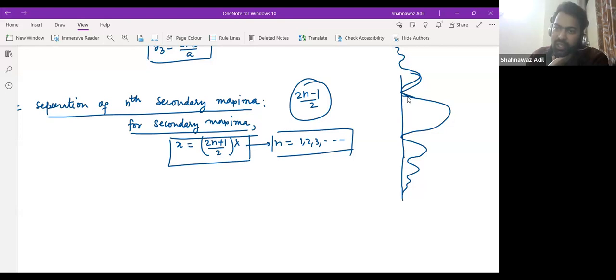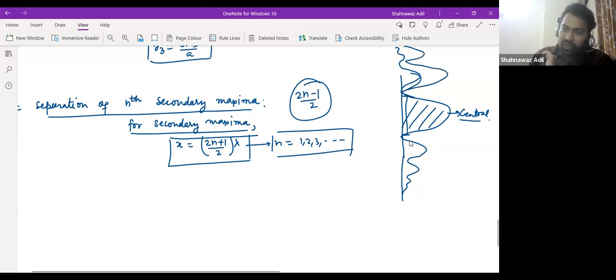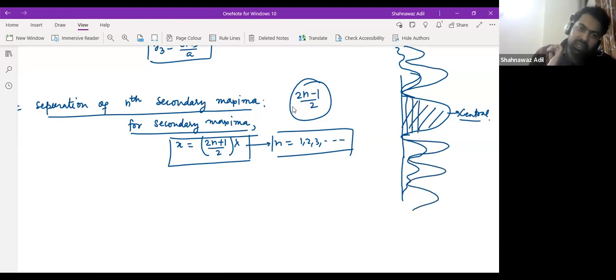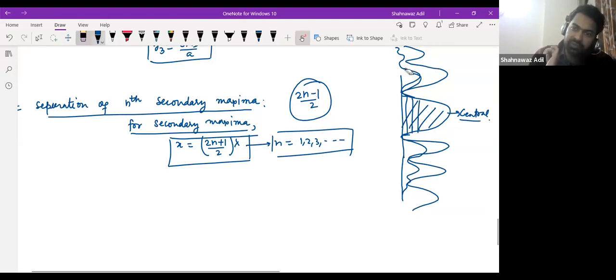So the central one engulfs the (2n minus 1) by 2 part, which is already there in the central one. We didn't see this in interference, because there all the fringes were similar, and the separation was also similar. So that is why we don't have this (2n minus 1) by 2 part here.